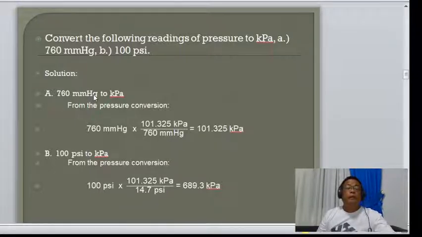So, we put 760 millimeters here in the denominator in order to eliminate the millimeter of mercury, so millimeter of mercury is cancelled out. The equivalent, of course, is 101.325 kilopascal.